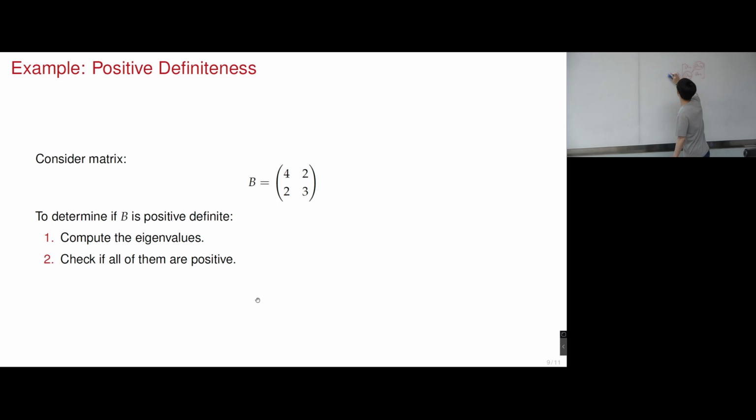When we talk about positive definiteness of a matrix, we usually talk about symmetric matrices. So I'm just going to assume that the matrix is symmetric. So in this case, what does it mean for a matrix to be positive definite? Basically it's like this.